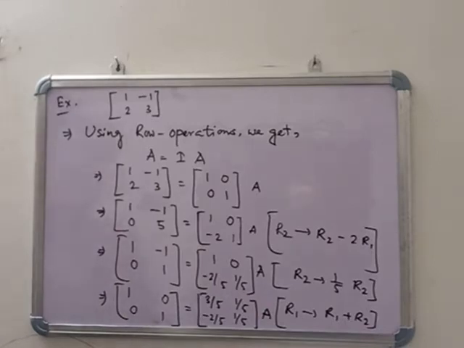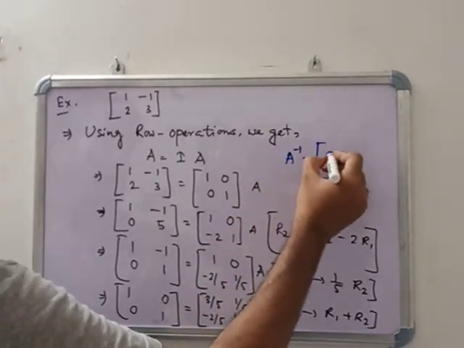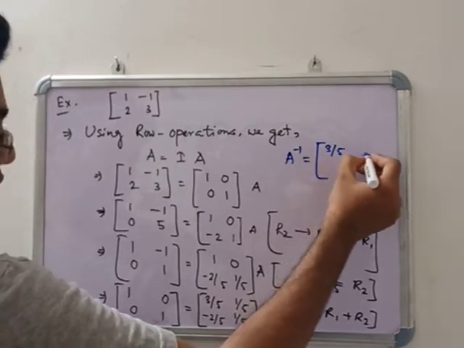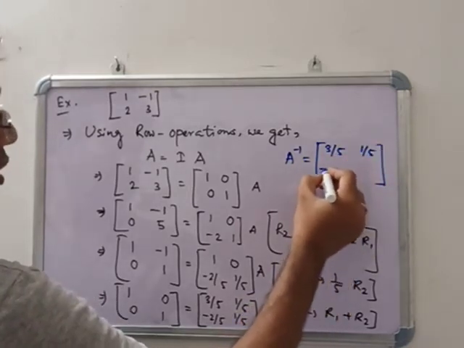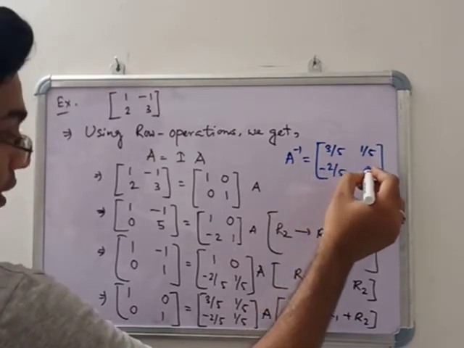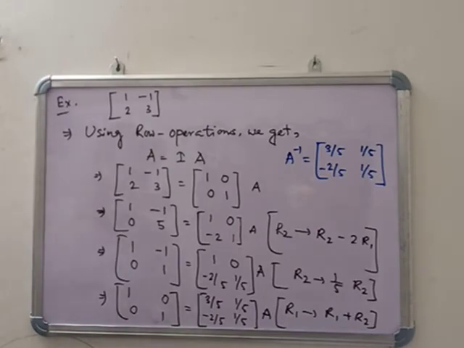So the A inverse is 3 by 5, 1 by 5, minus 2 by 5, 1 by 5. Okay, so this is the A inverse of this question.